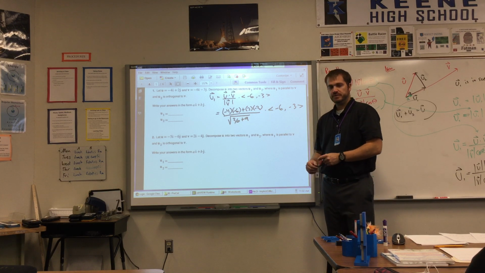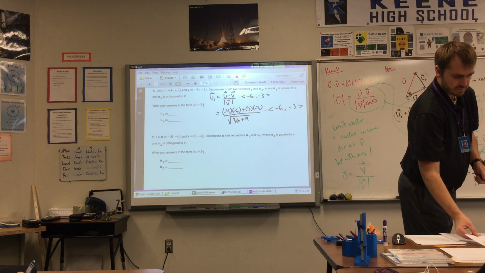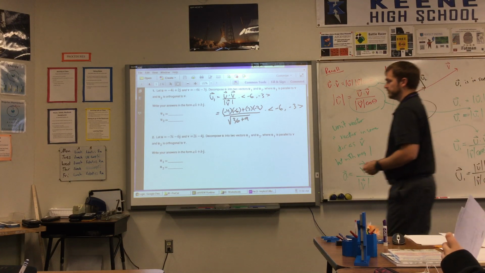Let's look at our final answer, see if it has square roots and things like that in it. Okay, fraction.